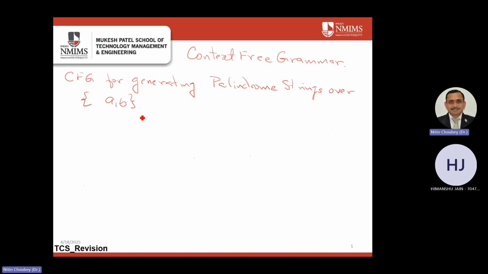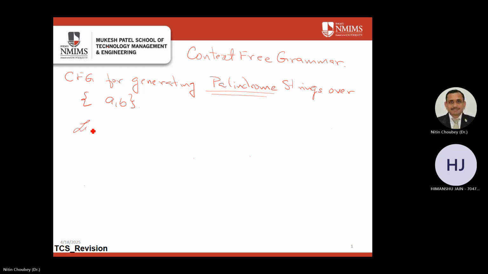That we have terminal symbols available as A and B. And the terminal strings generated by the grammar should be of the nature that they read the same forward and backward, which is nothing but a palindrome, right?